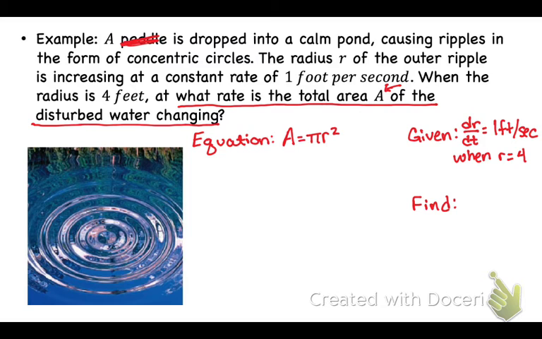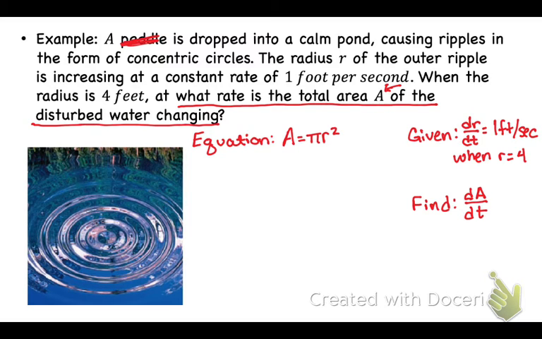That would be dA dt, capital A for area. This one doesn't have a "when" anything, does it? Do you see how we picked apart that problem before we started doing anything else? Sometimes I put my find down first. It doesn't matter which way you do it.